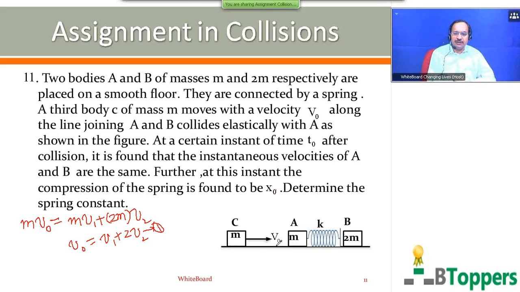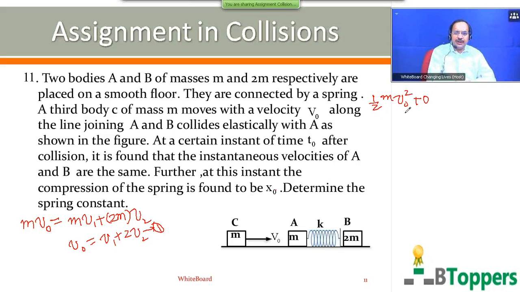You can assume the gravitational potential energy of each block to be 0 on the horizontal surface. There is no change in the gravitational potential energy of the blocks because they are moving in the horizontal direction. So the total kinetic energy of block A just after block C stops becomes half mv0 square. But at that instant the spring has its natural length, so the elastic potential energy stored in the spring is 0.